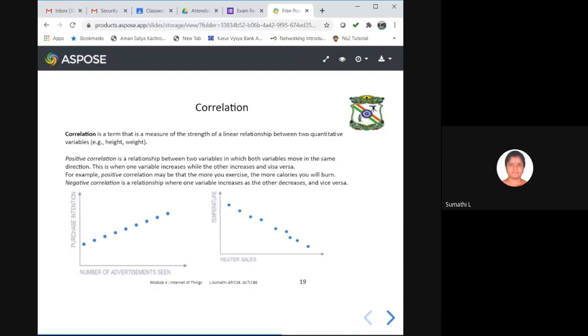Why I do correlation is because I have to find a relationship between variables. For example, my mark, whether I pass or fail in a particular course, and whether I am a hosteler or day scholar. When I put it in such a case, sometimes there may not be high correlation, sometimes there may be a little correlation.